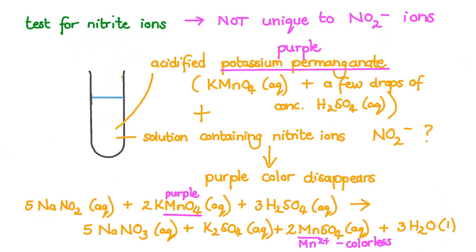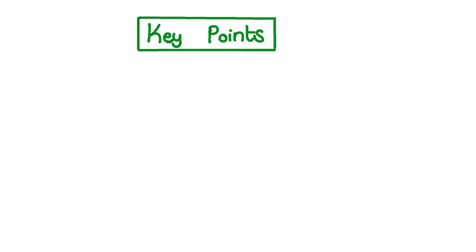Potassium permanganate can be decolored by other ions too, so this test is not proof enough of the presence of nitrite ions. We would need to do another test to confirm that there are indeed nitrite ions present in the solution. We've learnt a lot about nitric acid.